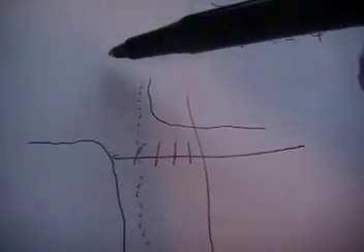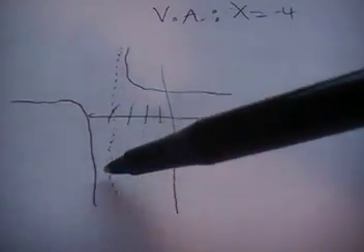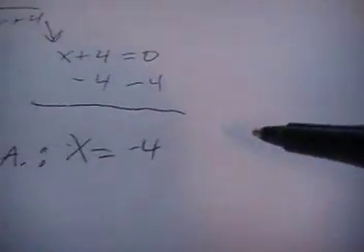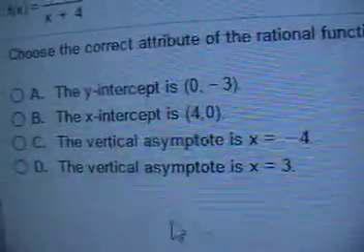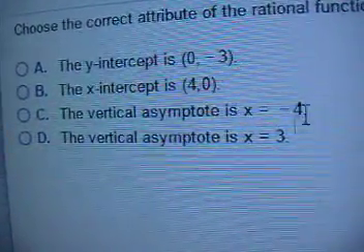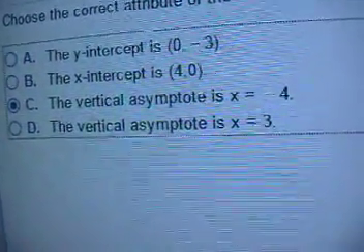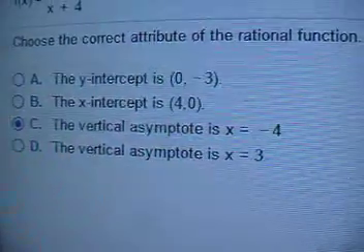So from this equation, I can tell there's an imaginary boundary vertically at -4, because x equals -4 makes the bottom equal 0. And that's the answer C. There's a vertical asymptote at x equals -4, because it makes the bottom equal 0.